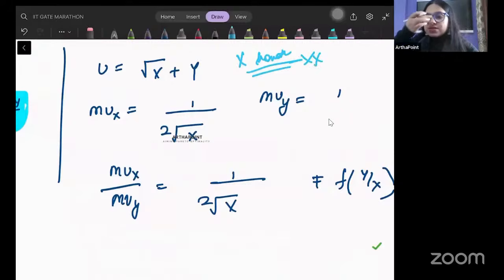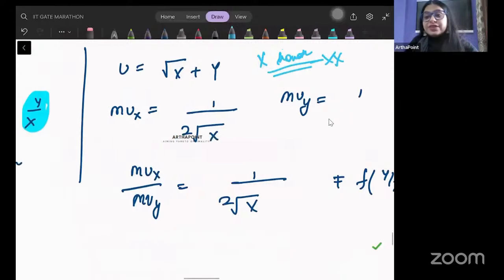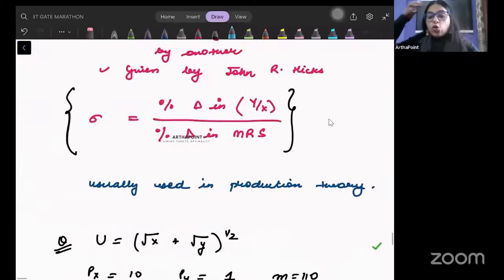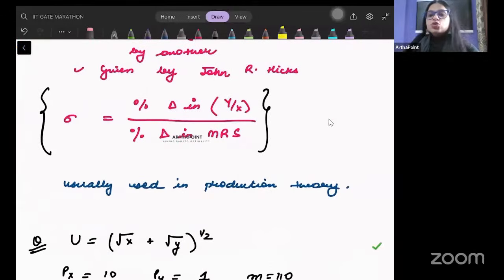So you must go ahead and try to see the difference between the two. Homogeneous and homothetic are two different things. Homothetic says that the slope of your indifference curve should be some function of the ratio of your commodity consumption. It should be some function of y by x.